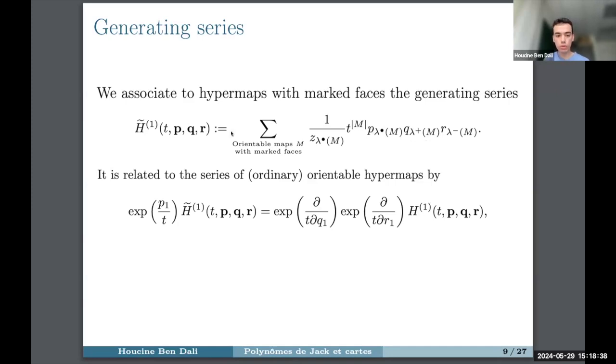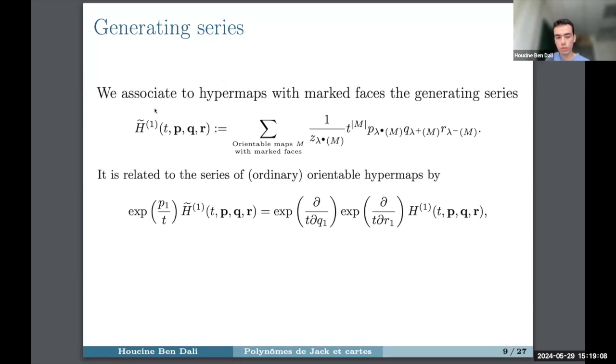But we can also prove that we can obtain H tilde 1 from H1 by applying some exponentials. So this is a kind of inclusion-exclusion. So we just have an exponential of: we multiply by P1 or we derive by Q1 or R1. So I'm saying this just to say that if we understand the recursive structure of H tilde 1, we also understand the recursive structure of H1.